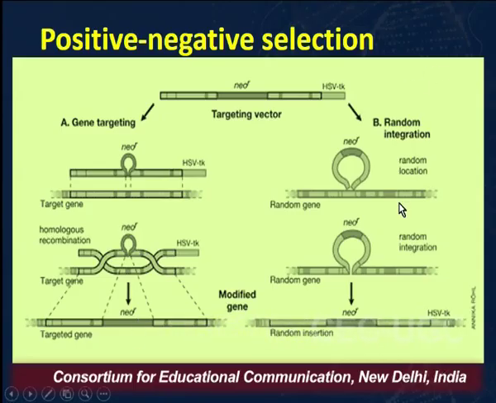Now, if there is a random integration and no homologous integration, then this entire stretch will get introduced into the genome, and it will be neomycin resistant positive as well as thymidine kinase positive.